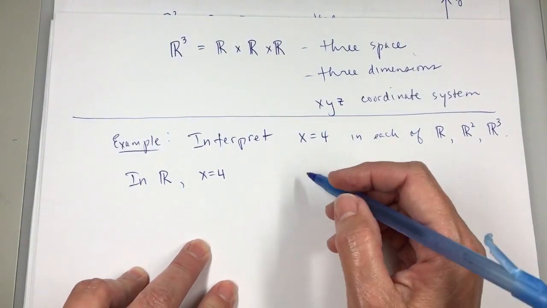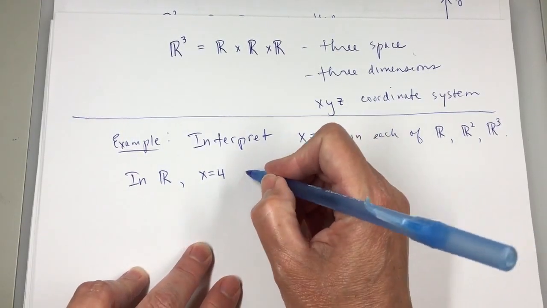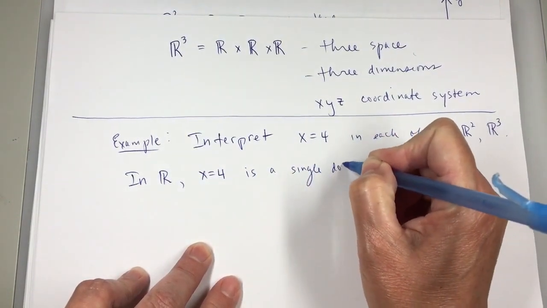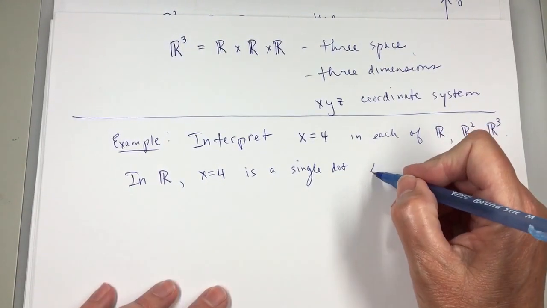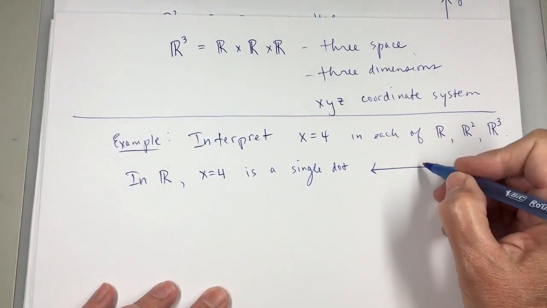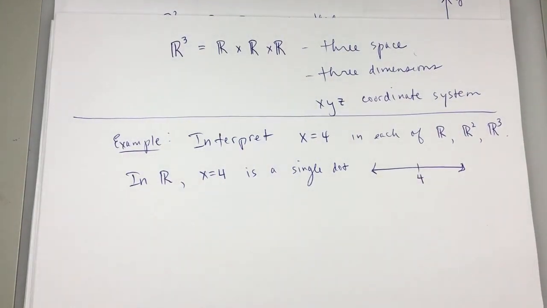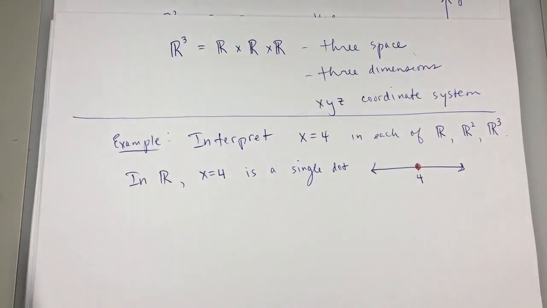Actually, it's not a line. It's a point. It is a single dot. You solved a little equation, solved it for x, you got x equals 4. Okay, graph your answer. Here it is, and you would do that.